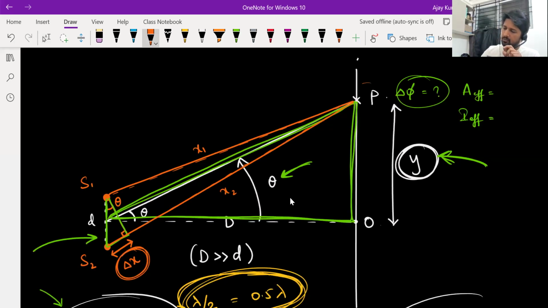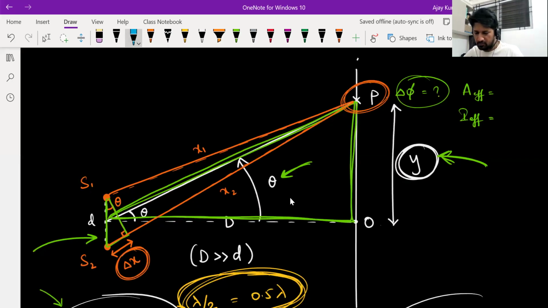Mathematically, if you take a point P which is far from S1 and S2, and you draw lines from S1 to P and S2 to P, the extra distance traveled by the wave from one of the sources compared to the other can be derived using this triangle.